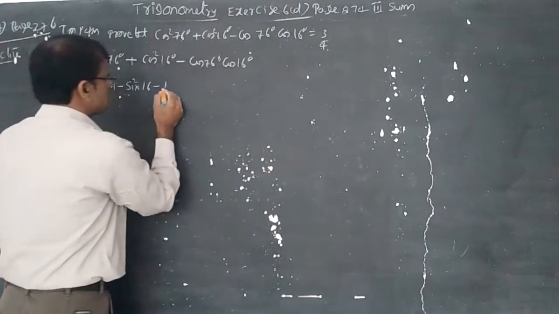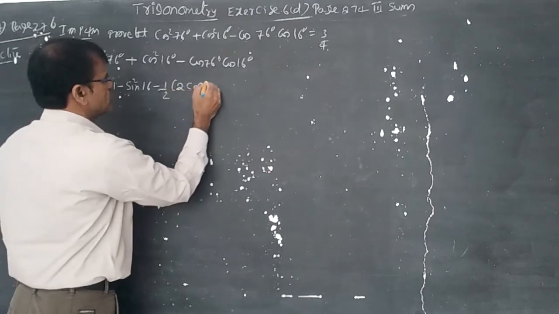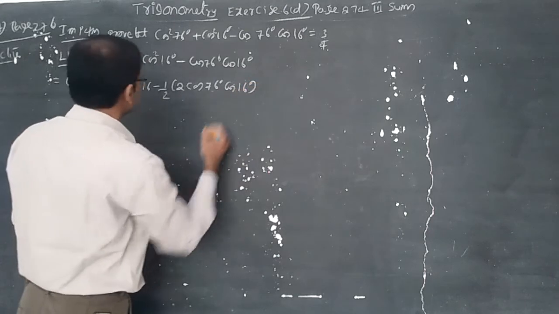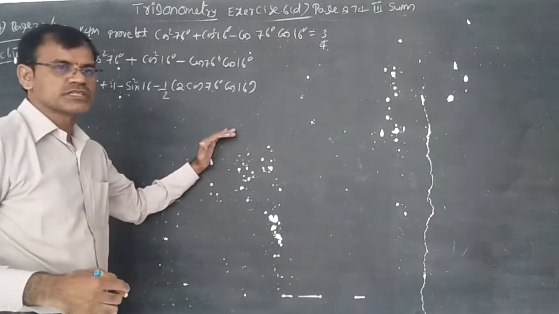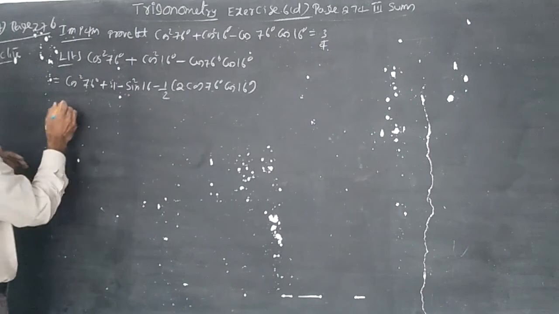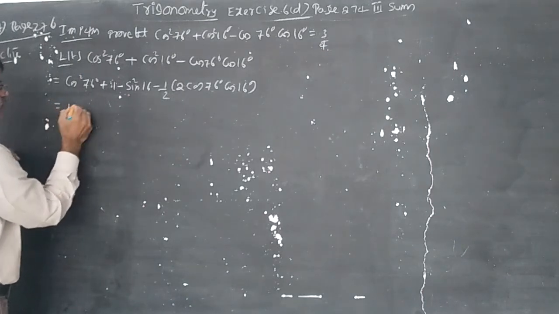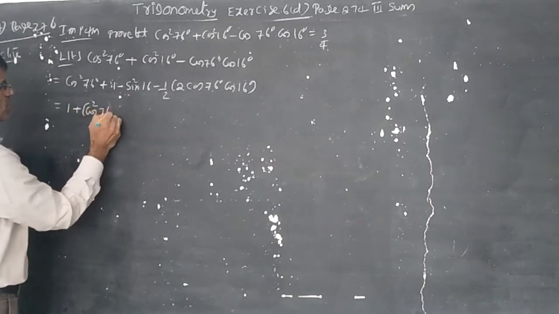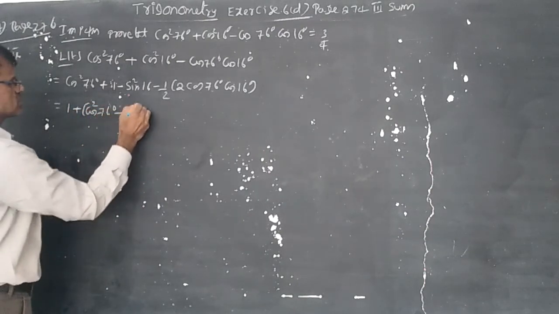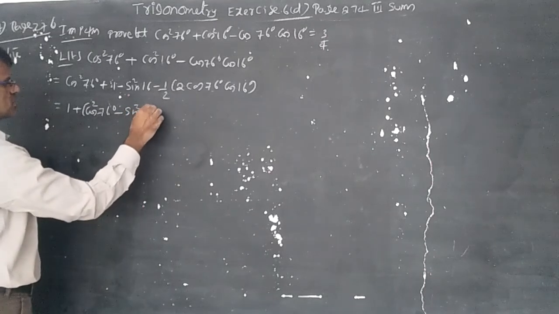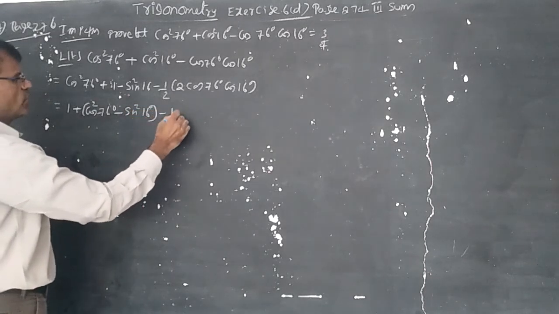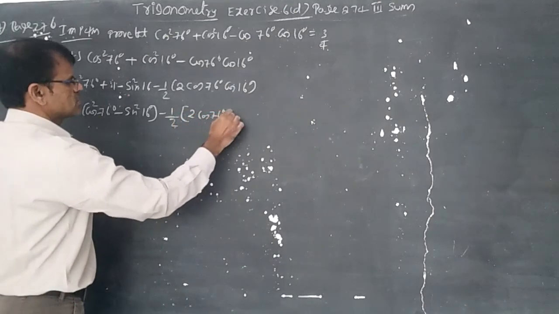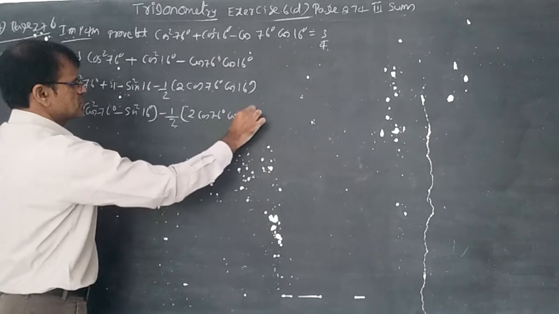Now multiply and divide by 2, so we get 2 cos 76 into cos 16 degrees. You can face this same question in level 1 classwork and level 2 classwork. Within the brackets write cos square 76 minus sin square 16 degrees, minus 1 by 2 into 2 cos 76 degrees into cos 16 degrees.